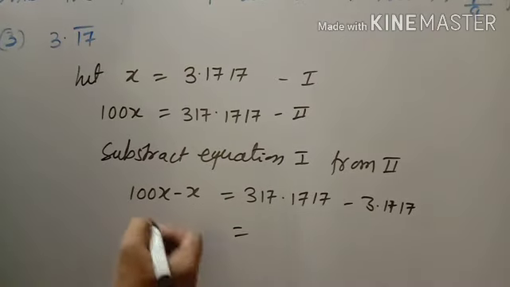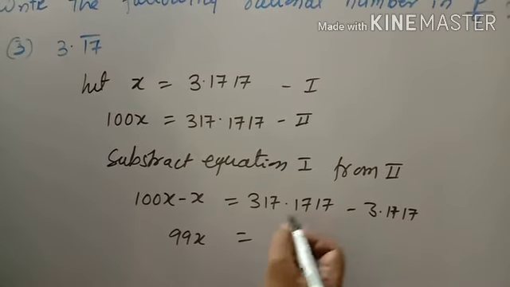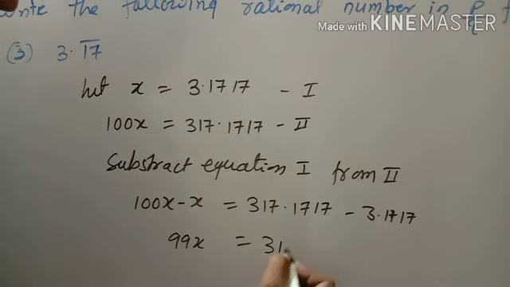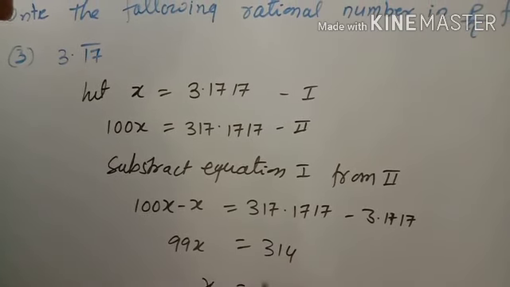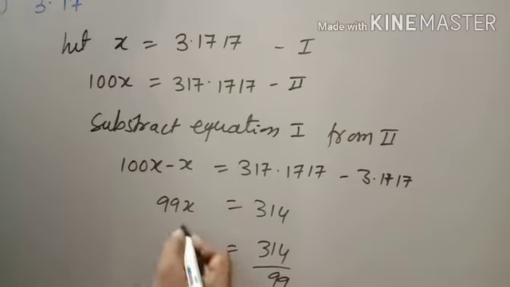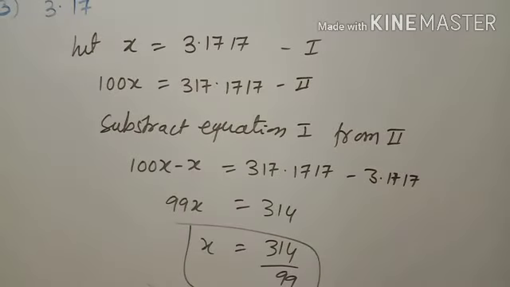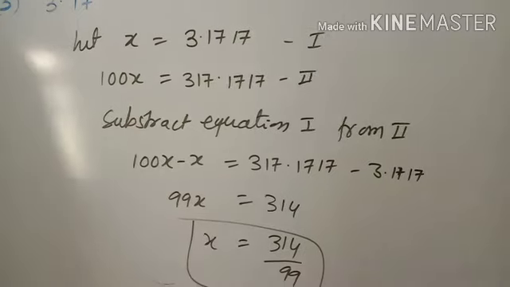So 99x, 317 minus 3, that is 314. Now x is equal to 314 divided by 99. Student, the answer to this question is 314 upon 99.